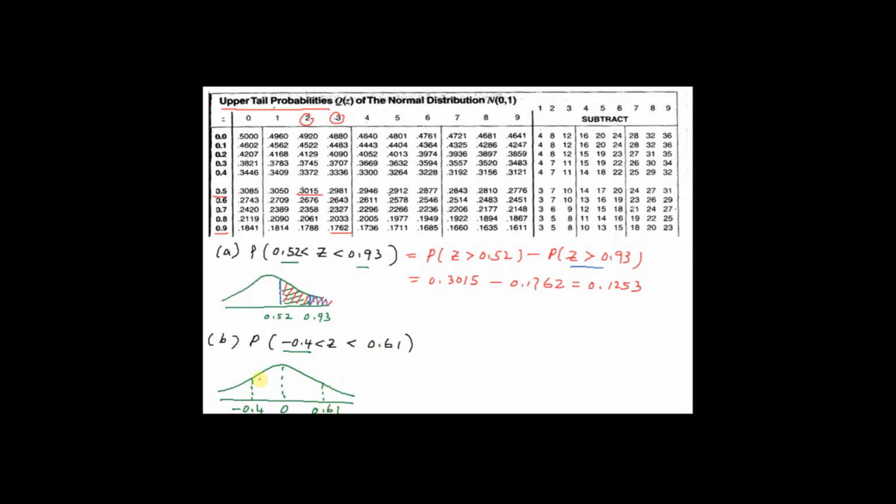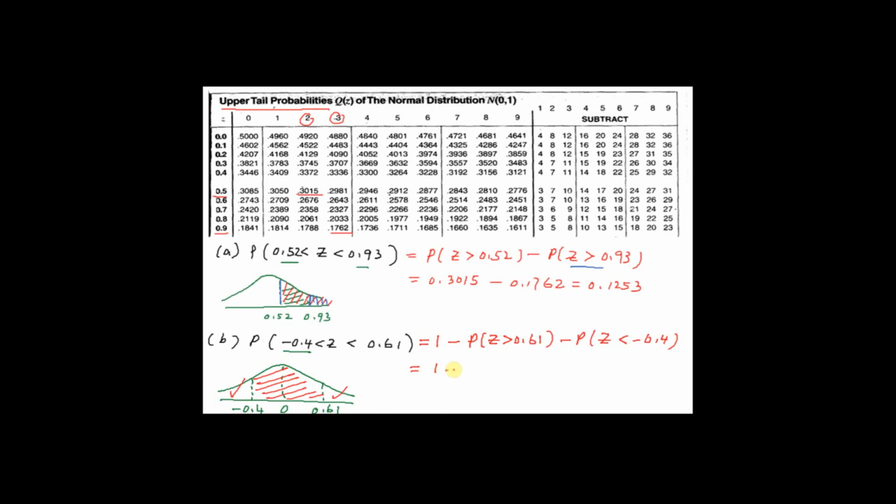Now you have to find this area between negative 0.4 and positive 0.61. So how to find this? This is equal to the total probability 1 minus the probability here, that is probability Z more than 0.61, minus probability here, that is probability Z less than negative 0.4.